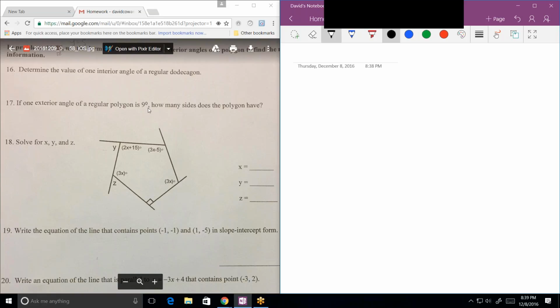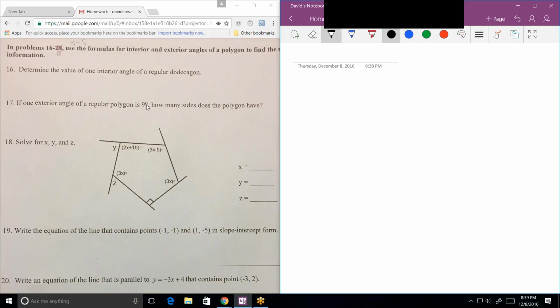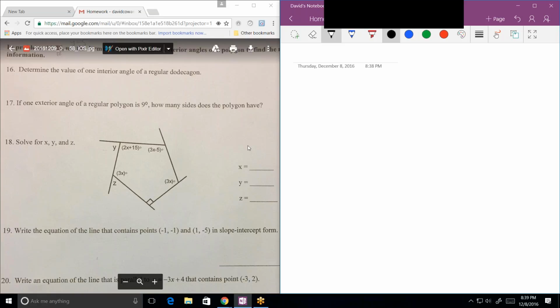So if it's telling us that each one of a regular one is 9 degrees, how do I figure out how many sides? Do you just do 360 divided by 9? Uh-huh. A 40-sided figure.